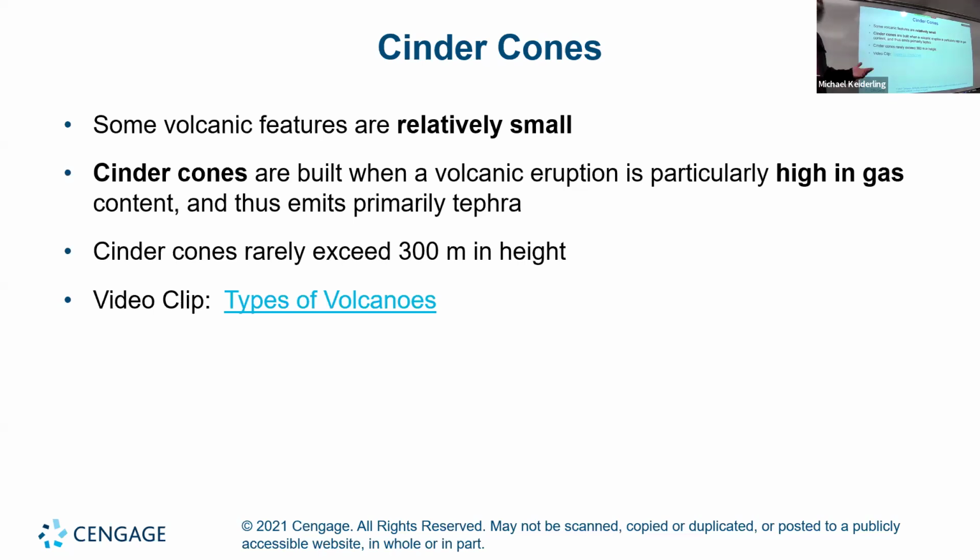They rarely exceed 300 meters in height. They form quite quickly. There's one that formed in the middle of a cornfield in Mexico that formed over a period of about a month or something. It was fast.